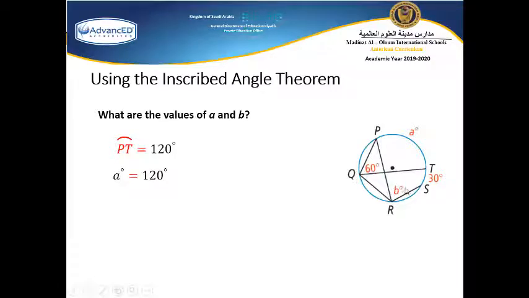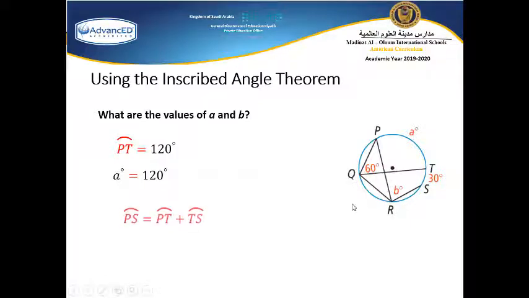How to find the variable B? Here, as we see, PRS is also an inscribed angle, and this inscribed angle equals half the measure of the intercepted arc. The intercepted arc here is PS, and the arc PS equals the sum of the other two arcs PT and TS.